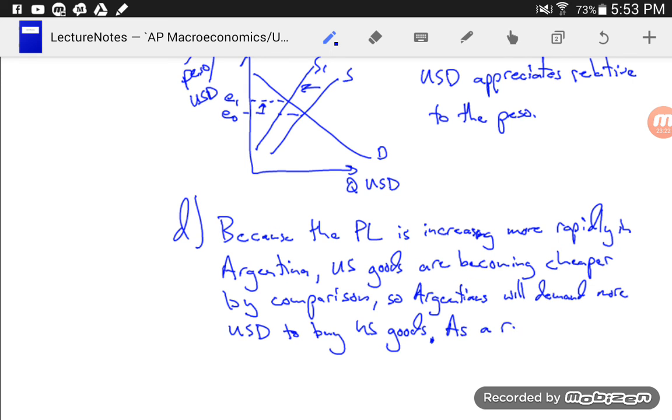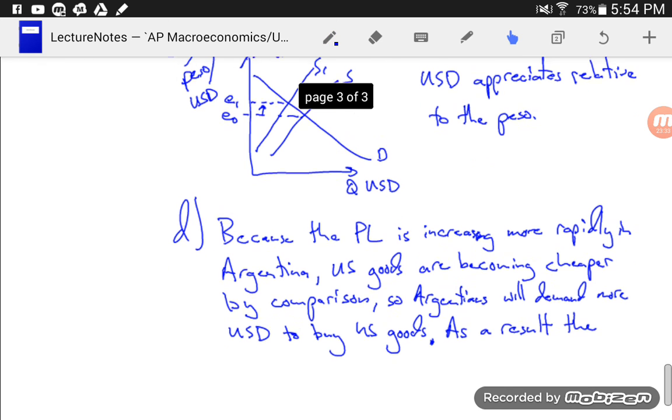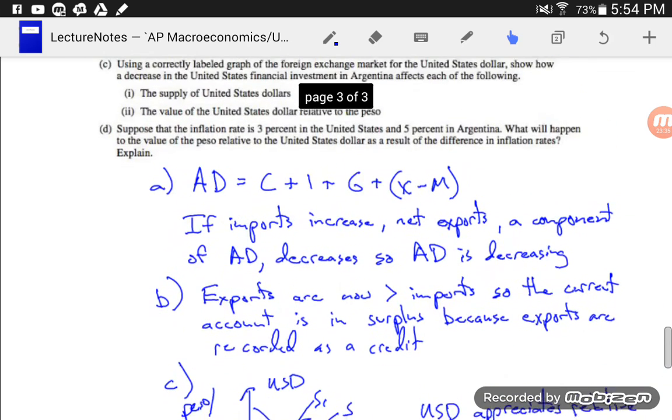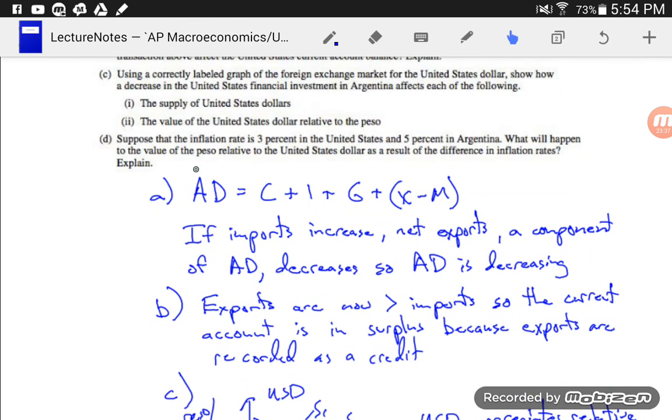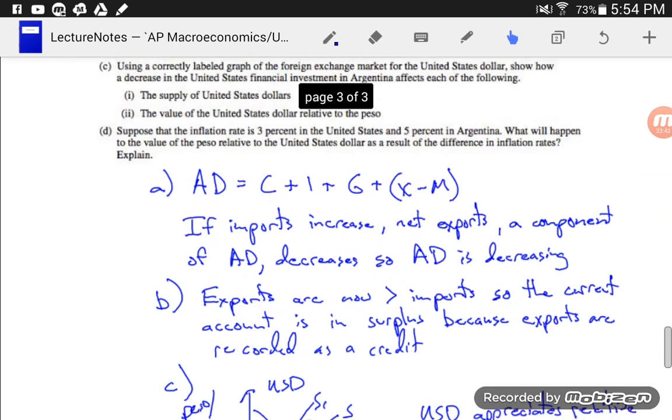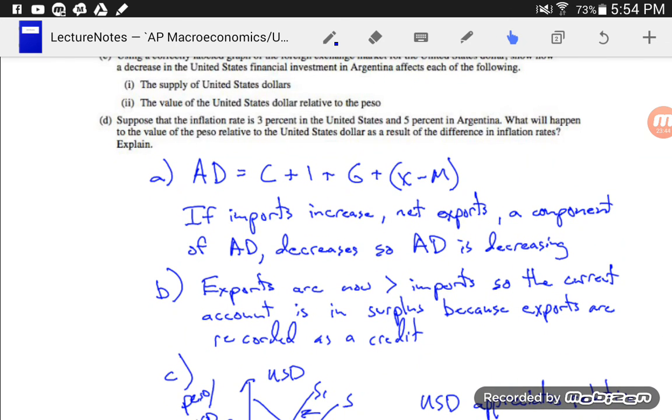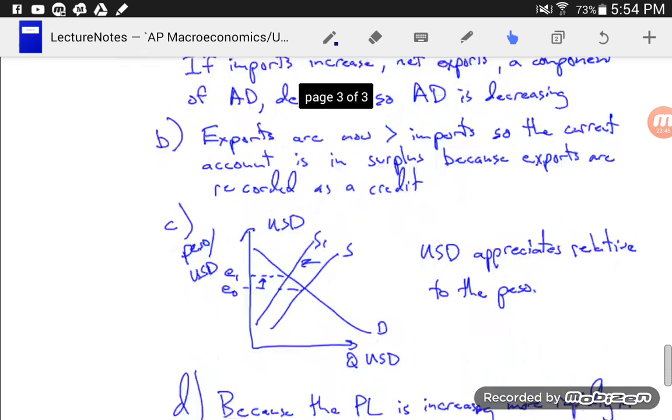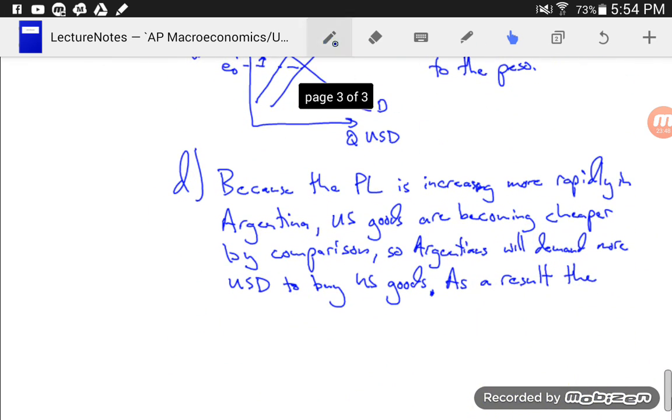As a result, we could say it either way. The U.S. dollar will appreciate, or the Argentinian peso will depreciate, but I think it wants me to say it that way, because it says what will happen to the value of the peso relative to the dollar. As a result, I could just say both parts.